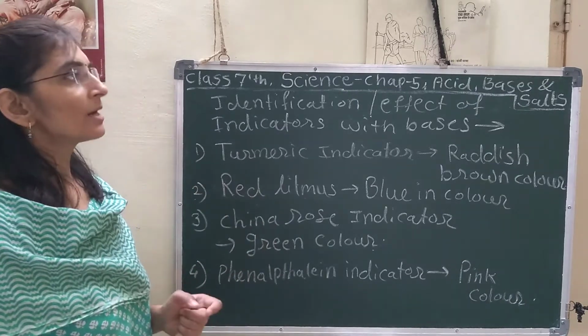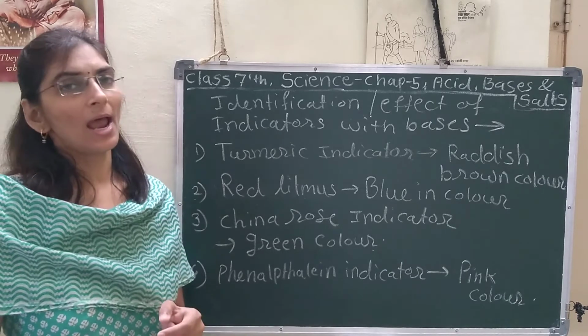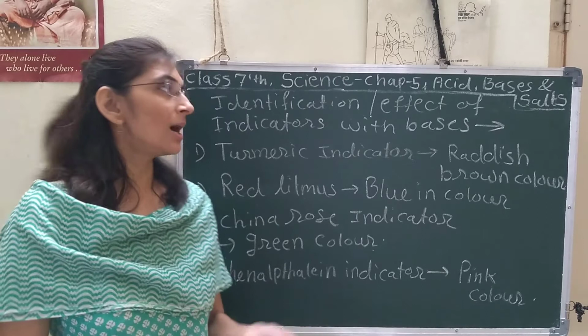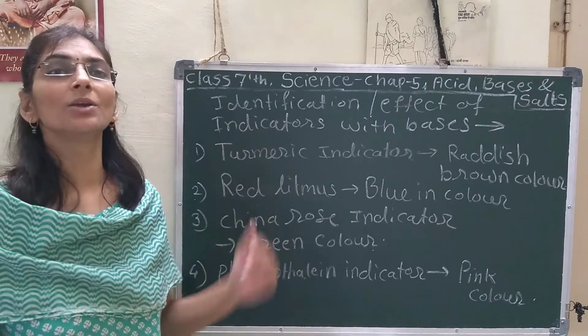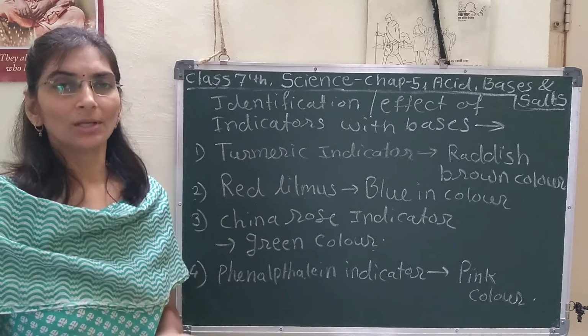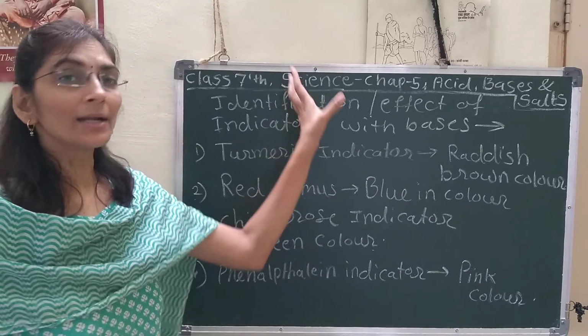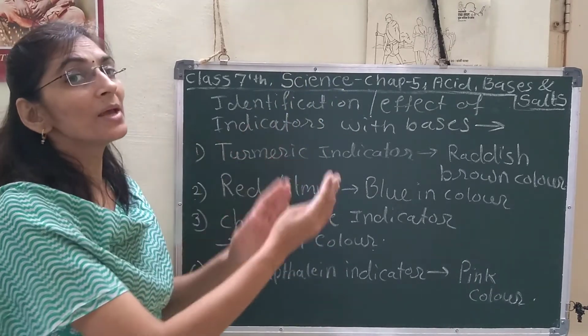In our next lecture we will learn about salts and the properties of salts. Until then, you have to read all these topics in your NCERT textbook. Then you will understand better and can categorize substances into acids and bases.